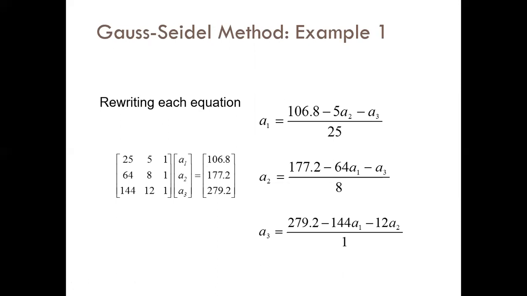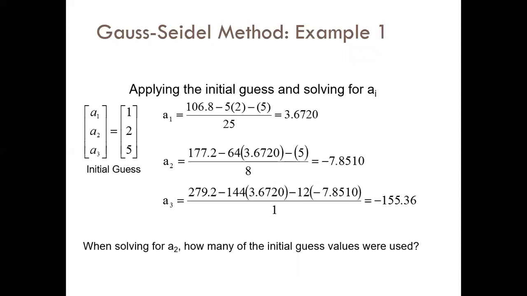Then iteration number 1. Applying the initial guesses and solving for A1. A1 is equal to 106.8 minus 5A2. Put the value of A2 as 2 and A3 as 5.